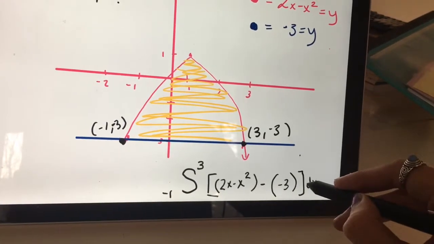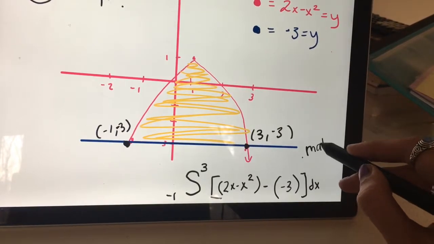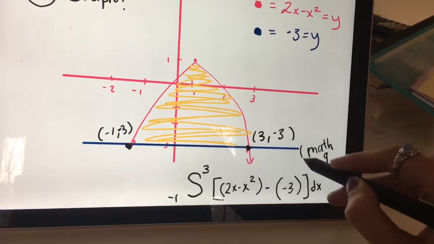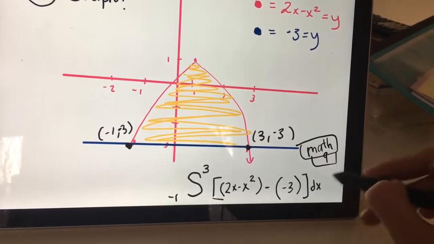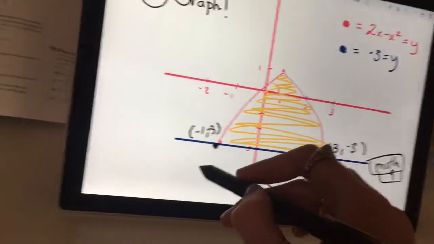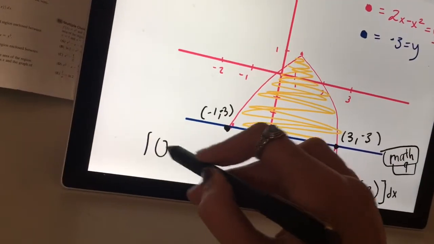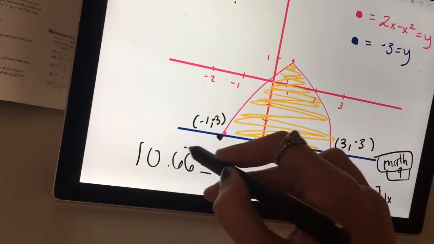I can evaluate this in my calculator using Math 9, and I believe my answer is 10.666 repeating.